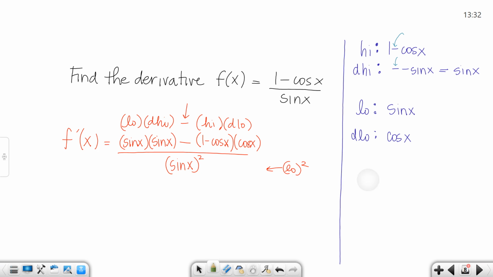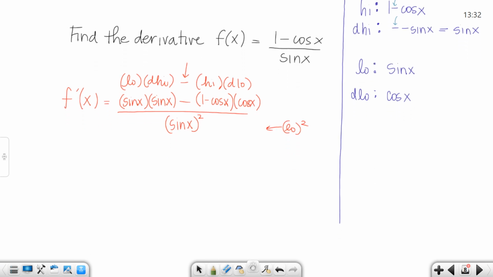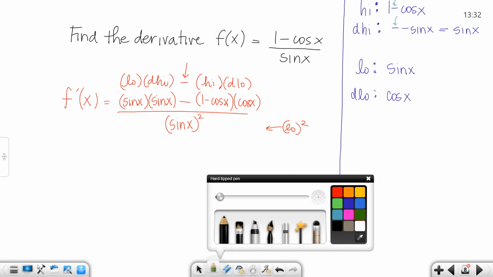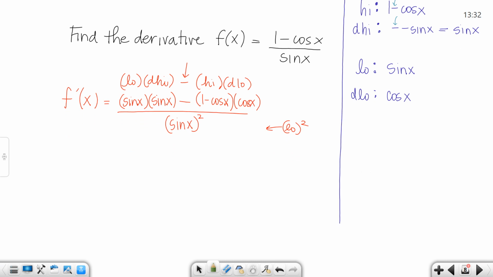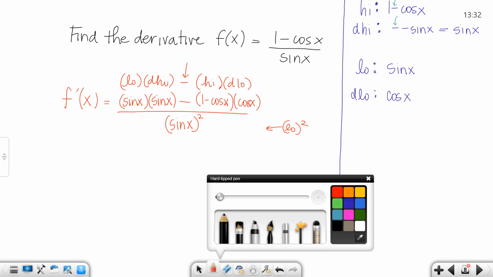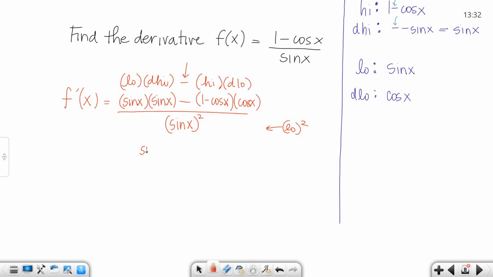Now let's simplify this. So when I simplify this one, I have sine times sine, so that would be sine squared of x. Now, my next part, I have a minus, and then I have something that I'm going to multiply out over here. So if I distribute this cosine through, I get cosine x minus cosine squared x.